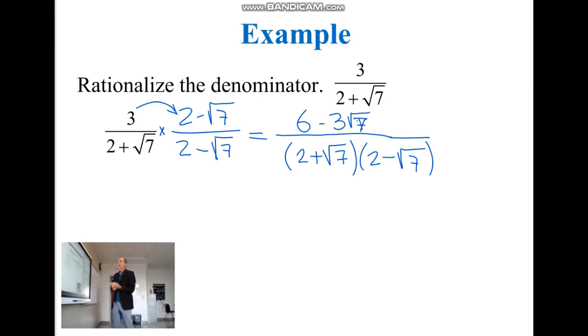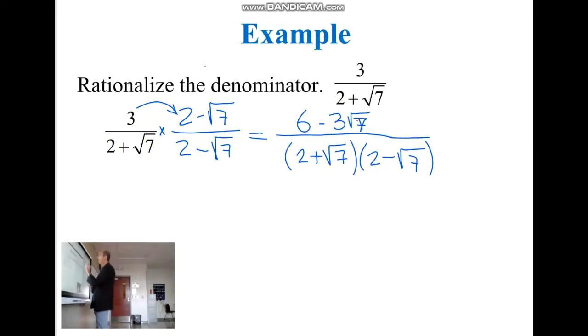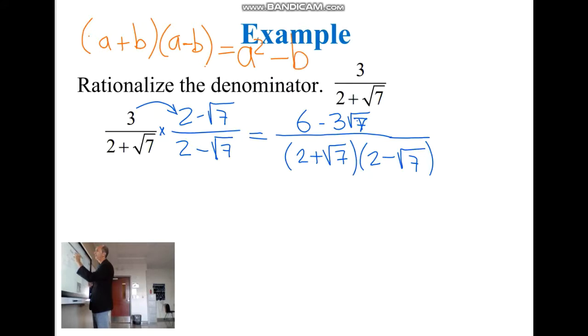Okay, on the denominator, we're going to remember here the special product. Do you remember this special product? A plus B times A minus B is equal to A squared minus B squared.